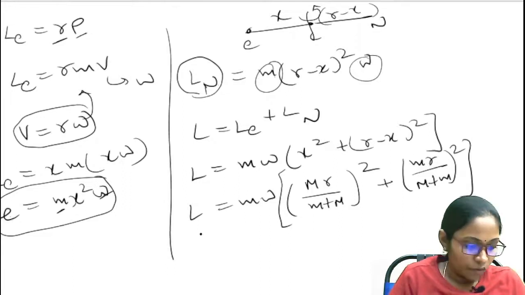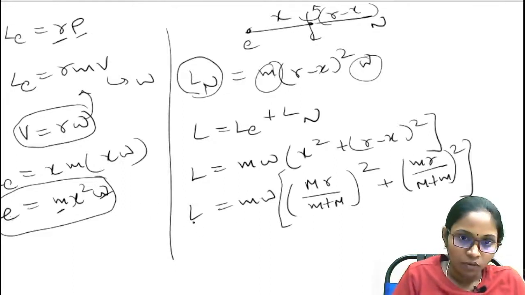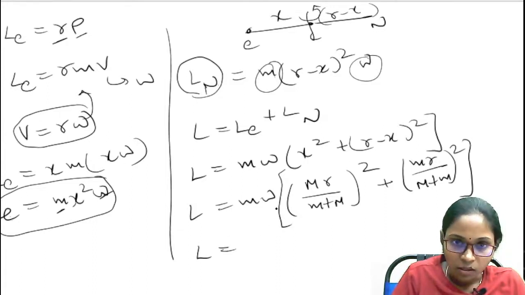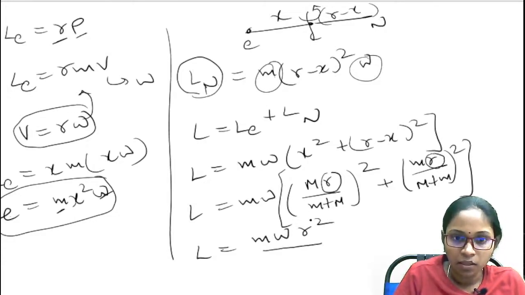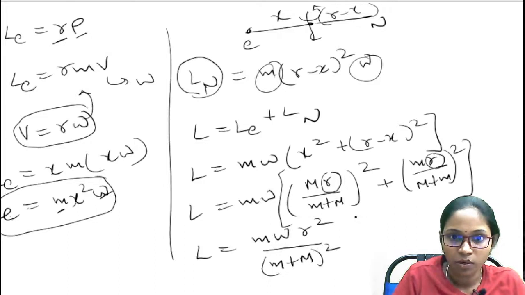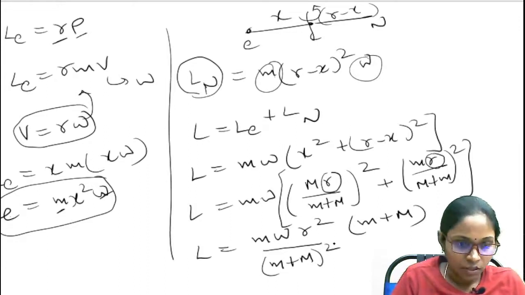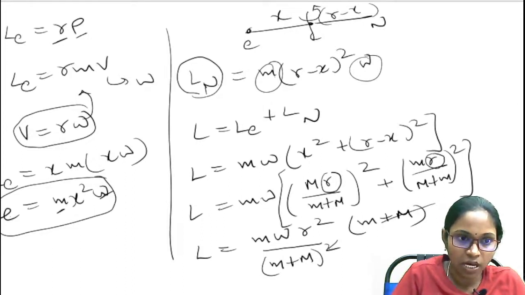Okay, now if you solve this equation, we have the angular momentum as, see here I'm taking this r square outside, m omega r square by small m plus capital M whole square, and we are left with small m plus capital M. Okay, and if you cancel this out, I'm taking a fresh page.